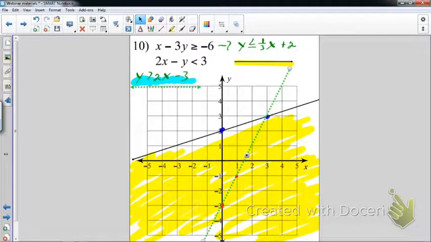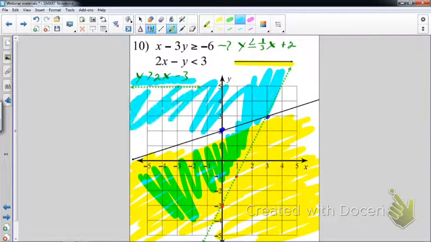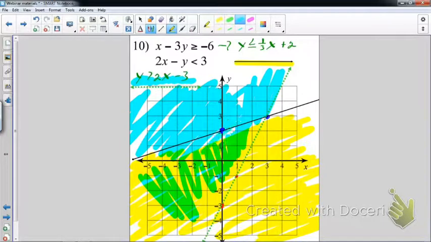And now I'm going to shade it with a different color. I know that it's going to be above the line because I gave myself a map. If the green line is here, above it, it's going to be here. So this area here is above the line, as you can see.